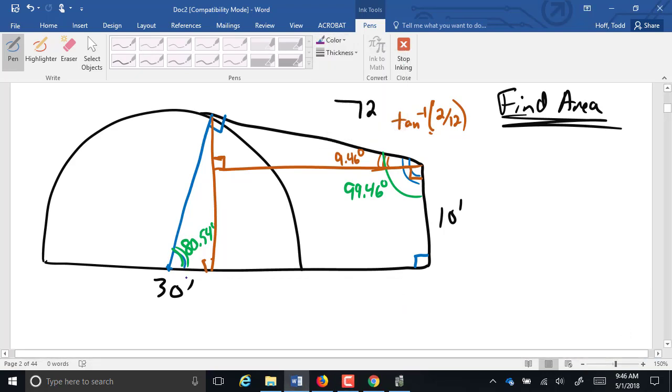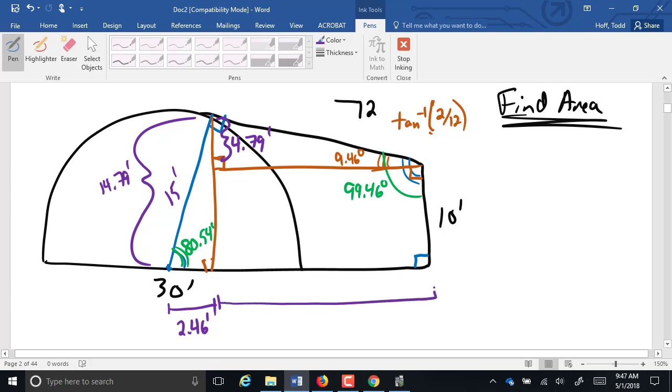So, what'd you get for this little distance right here? 2.46 there, okay? How about this height here? Perfect. That makes this height here 4.79.